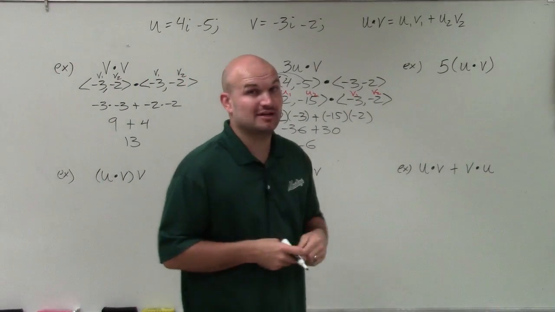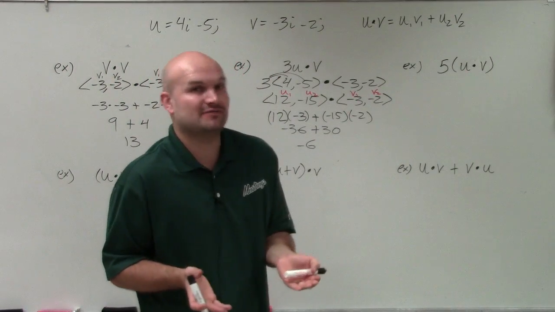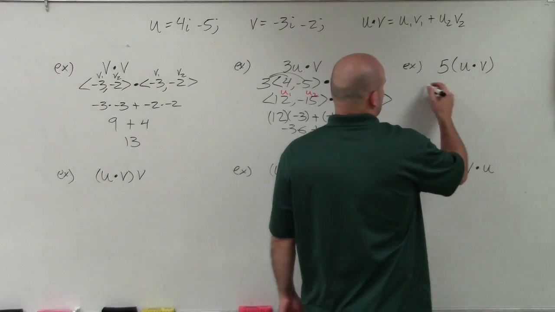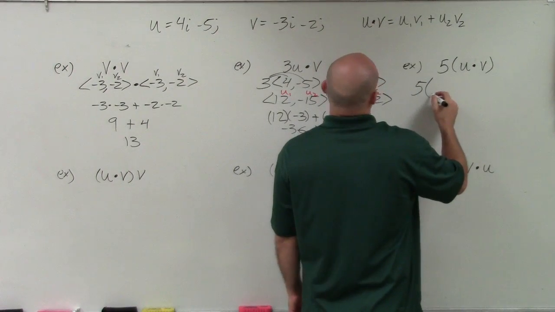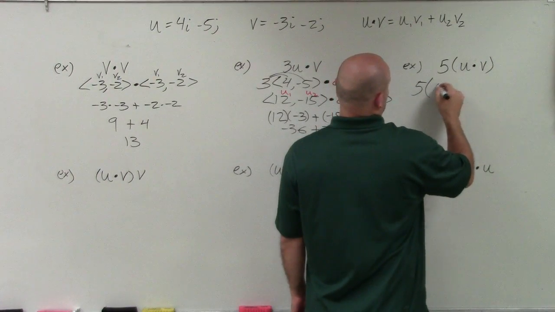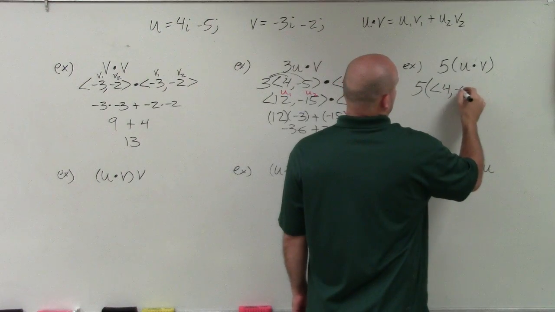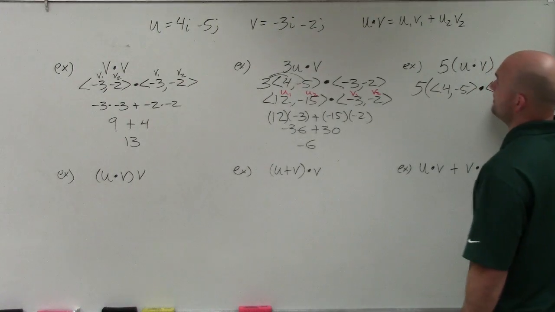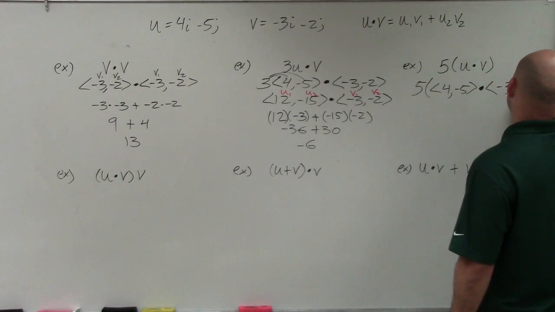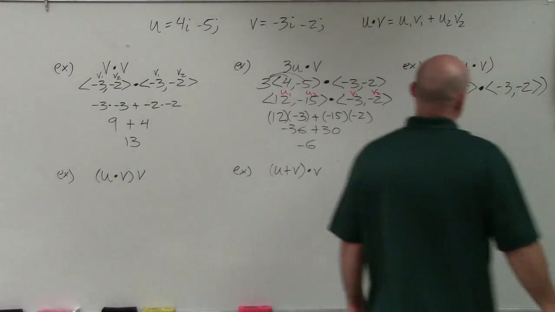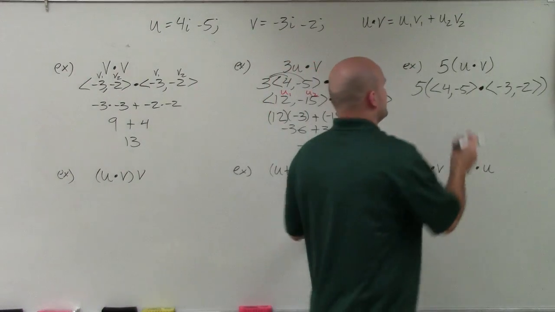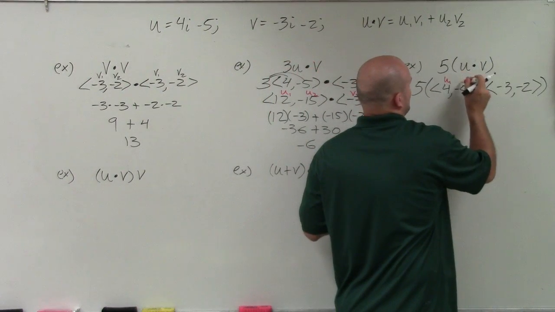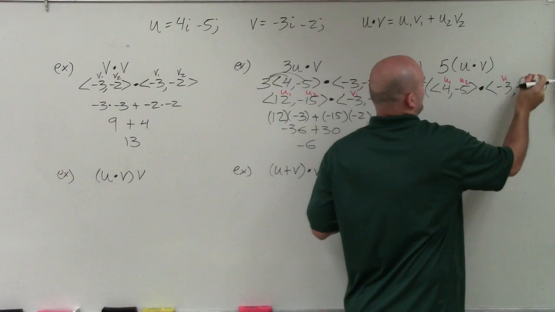Now in this case, I have a scalar, but I have the dot product inside the parentheses first. So I need to apply the dot product first. I'll write them out again in component form: 4, negative 5, dot product with my v, which is negative 3, negative 2. Again, you can label them as u1, u2, v1, and v2.